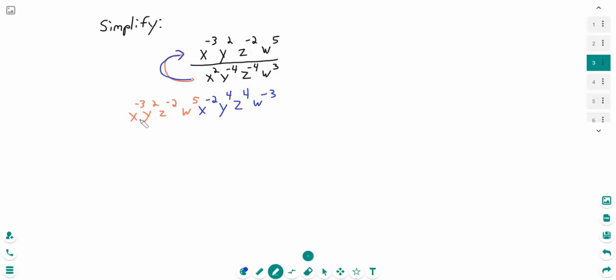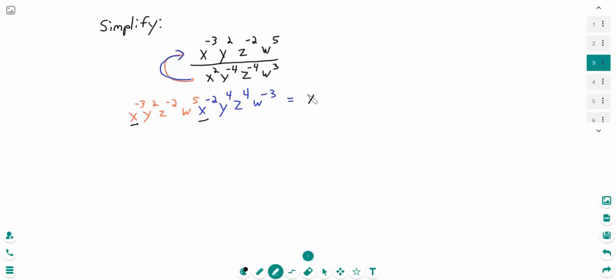Now, once we've done that, we can now look through this and look for like variables to combine. It's all multiplication. So we can combine like variables by adding the exponents. So if I've got an x to the negative 3, do I have any other x's in here? I sure do. There's another x right there. So x to the negative 3 times x to the negative 2.